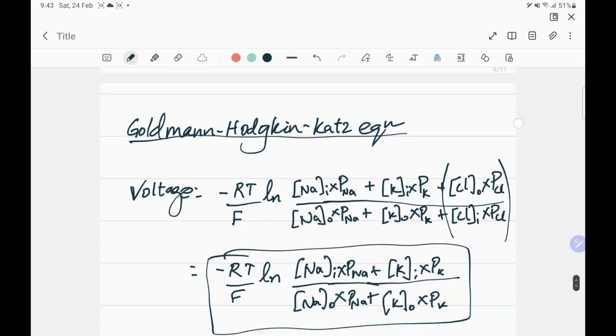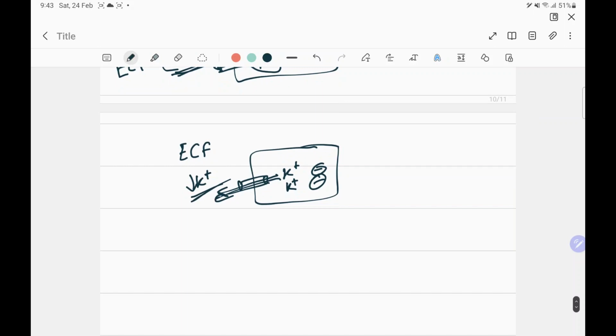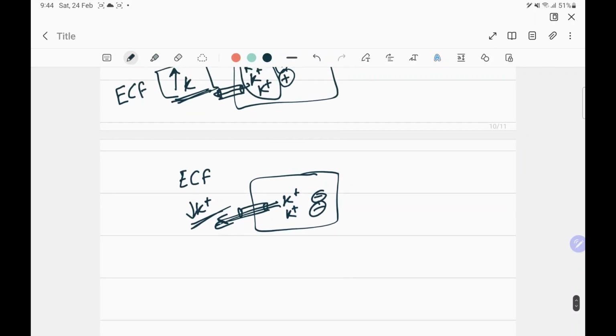It may or may not come in the exam, but one thing's for sure, you won't be able to understand much of your action potential and many other processes like the secretion of insulin, or even the chemical regulation of respiration via the glomus cells, because there even the potential difference across the membrane plays a role in whether these cells will work in a certain way or not, and we will go over that in those respective chapters. So that is the topic for RMP. I hope you read and get more information. There's plenty out there. Okay.